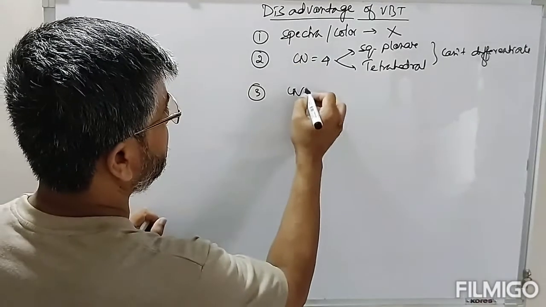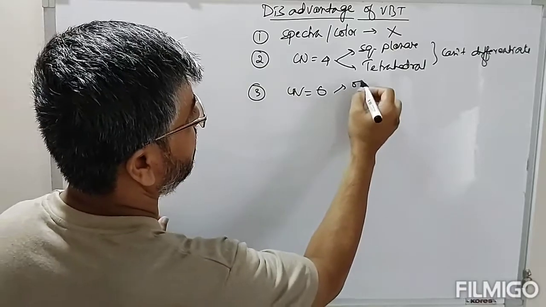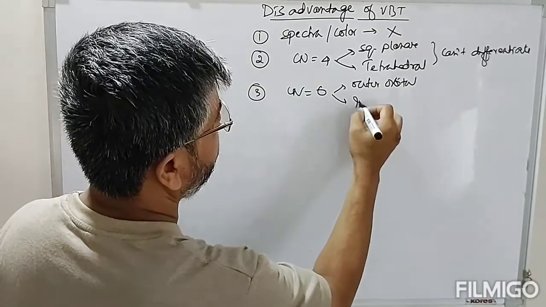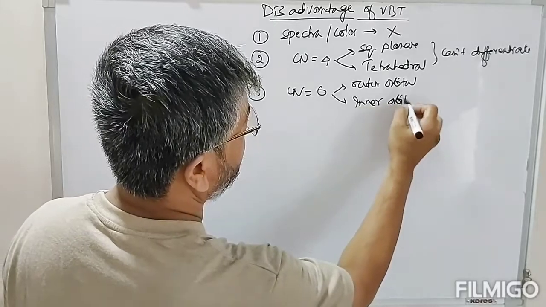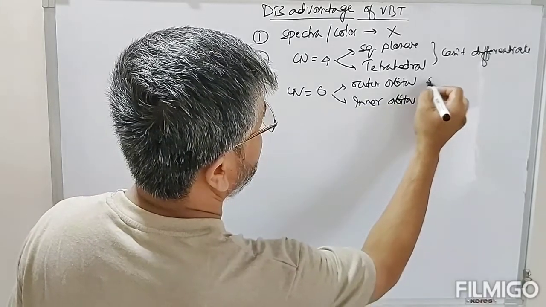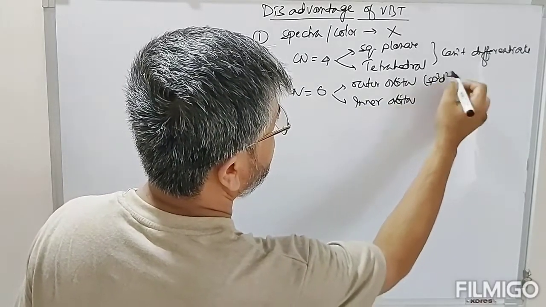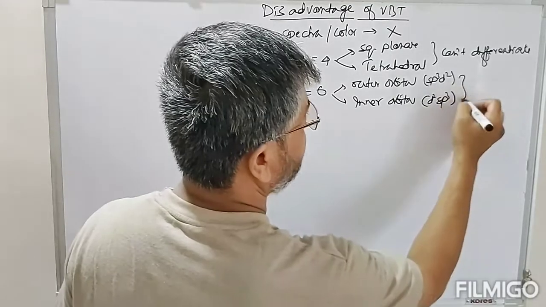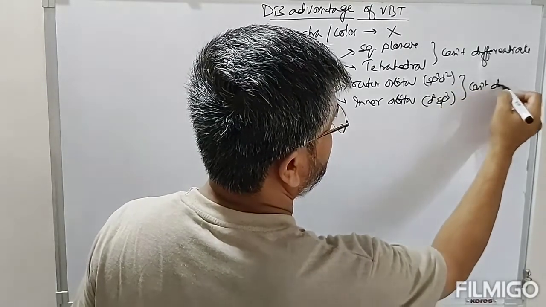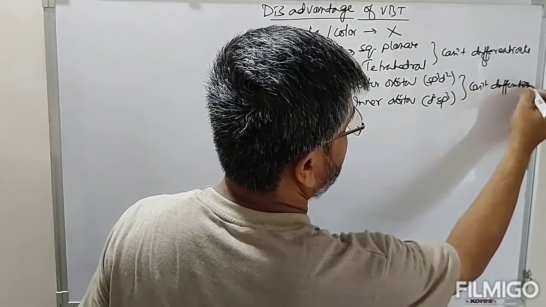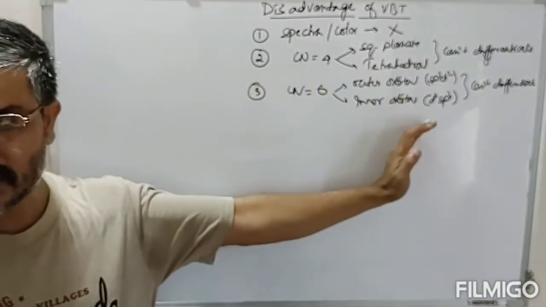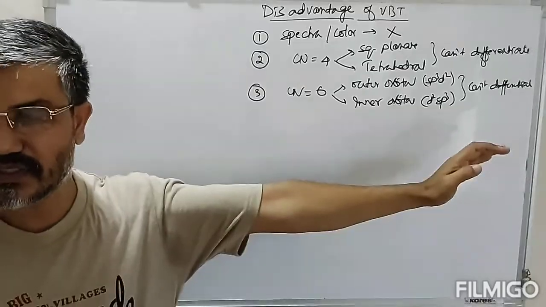So for coordination number 6, we have outer orbital, sp3d2, and inner orbital, d2sp3. Again, it cannot differentiate. Why does some complex use the n-1 d orbital, and why does some complex use the n d orbital?